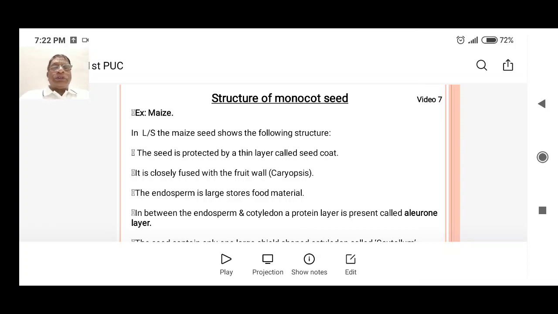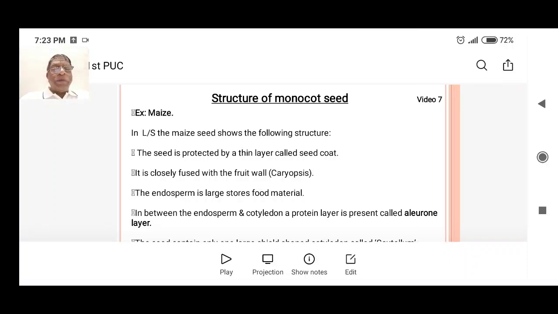It shows a large endosperm. The upper part is the endosperm, which is large and stores the reserve food material.